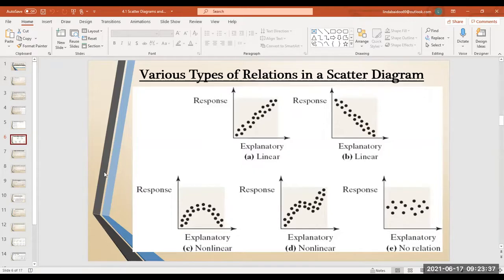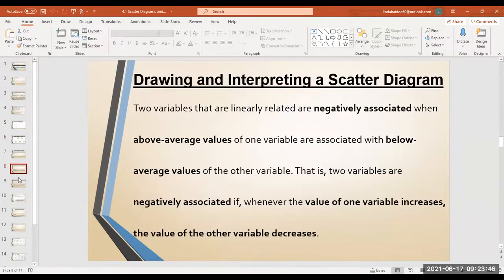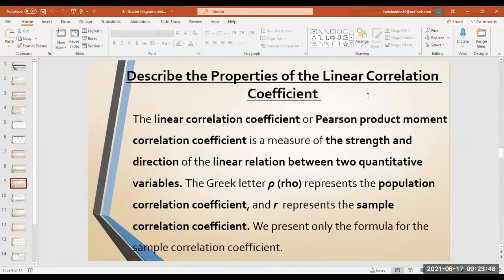But if you really want to work it out to see the positiveness and also the strength of it, then we consider what we call the linear correlation coefficient. The linear correlation coefficient is also called the Pearson product moment correlation coefficient, but just remember the first one.